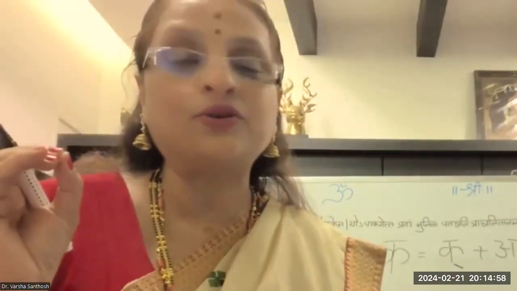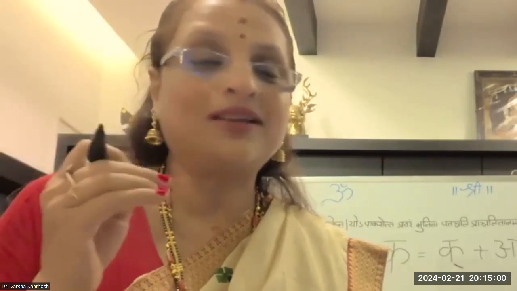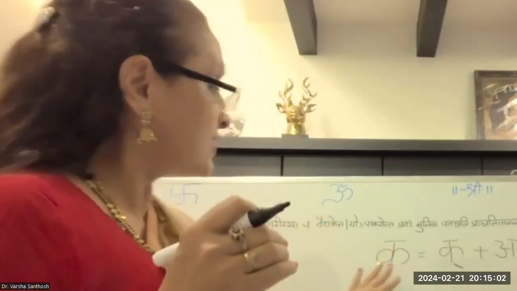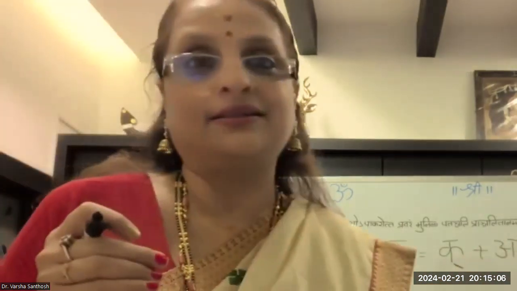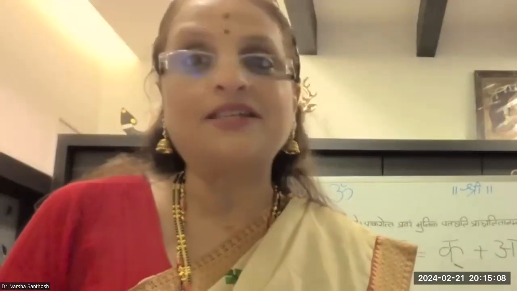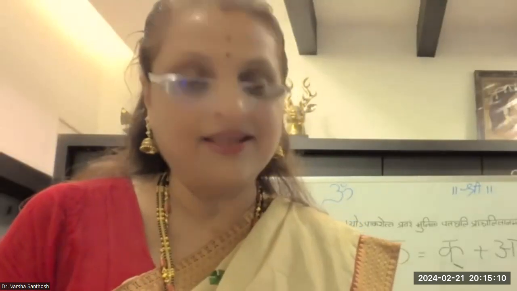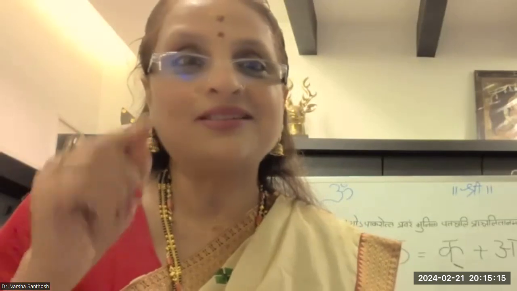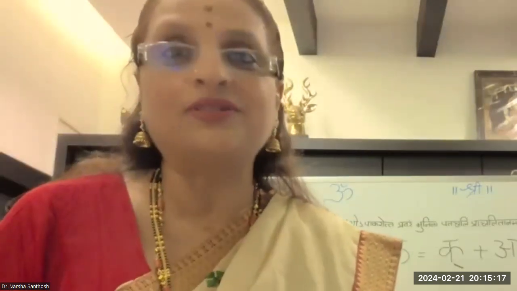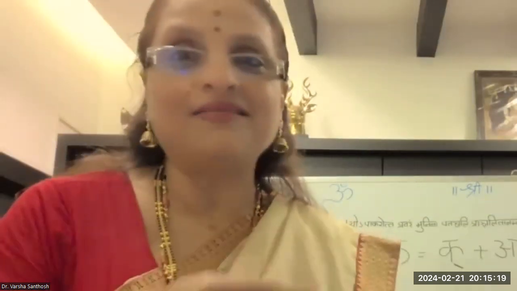Whatever small sound we take, it comes with a in it. So this whole ka is actually halanta k plus a. That's why many times in chanting, when it is halanta, I will exit. Don't say chita, say chit, because it is halanta. When you say chita, then you are giving an extra a to it.